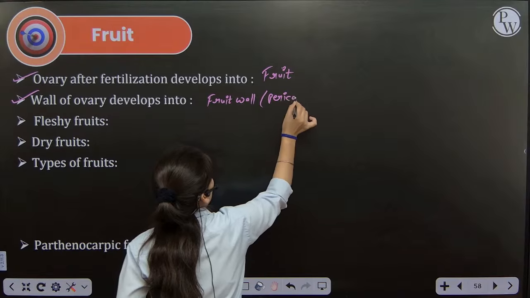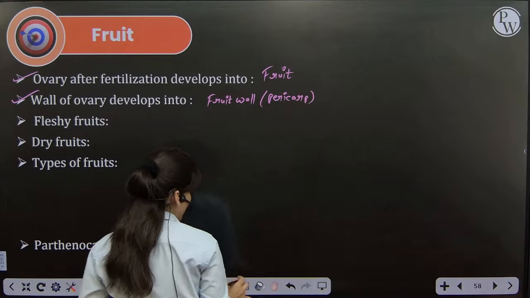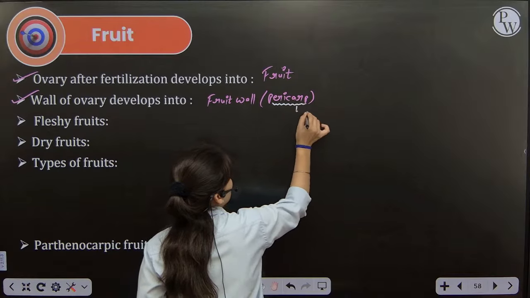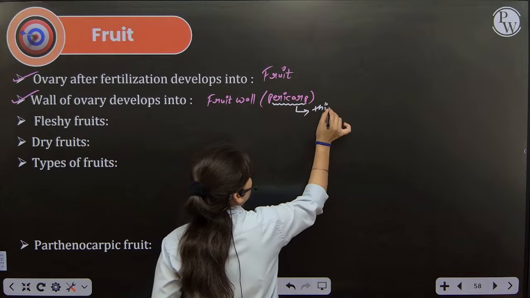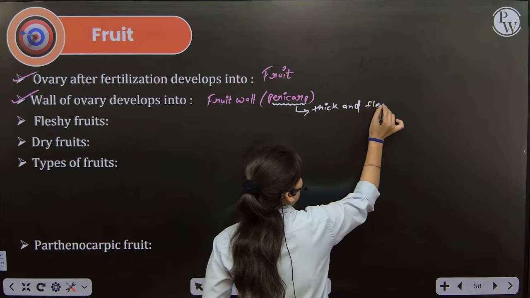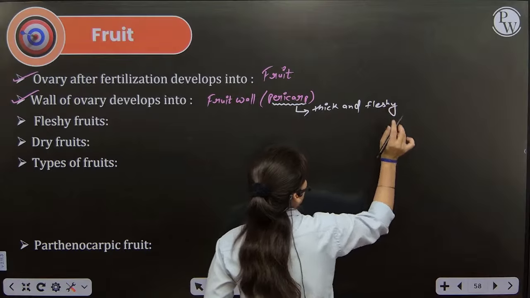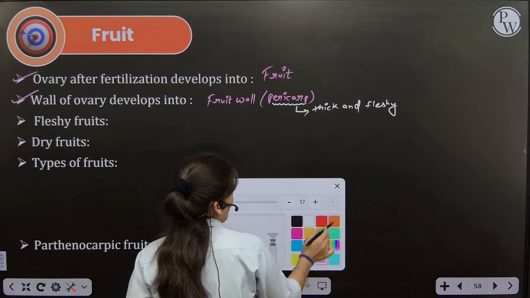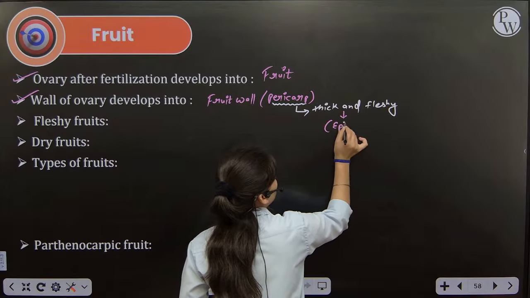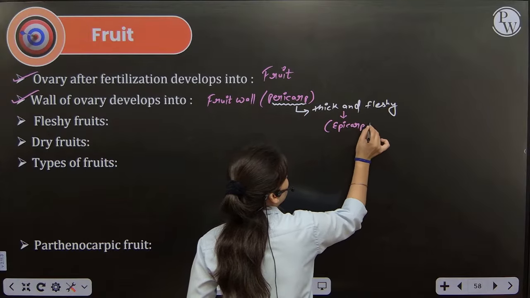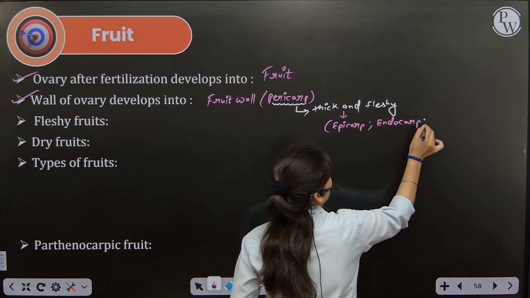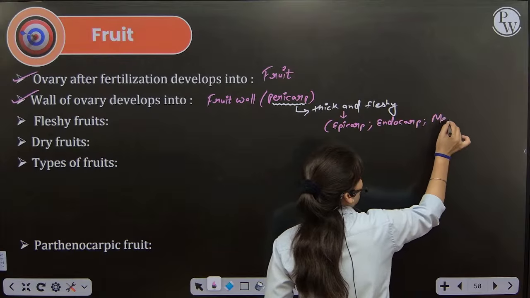If that pericarp is thick and fleshy, then it is further divided into three parts: epicarp, endocarp, and mesocarp.